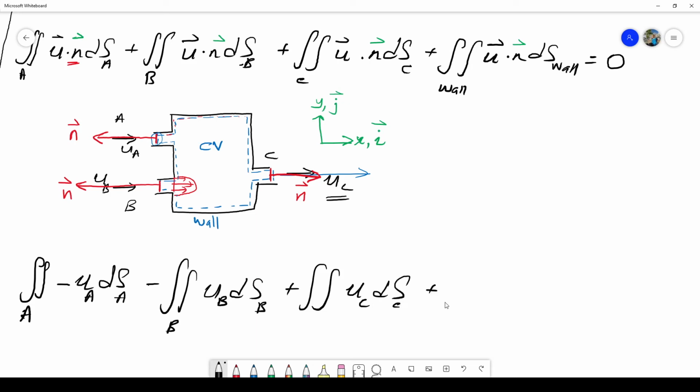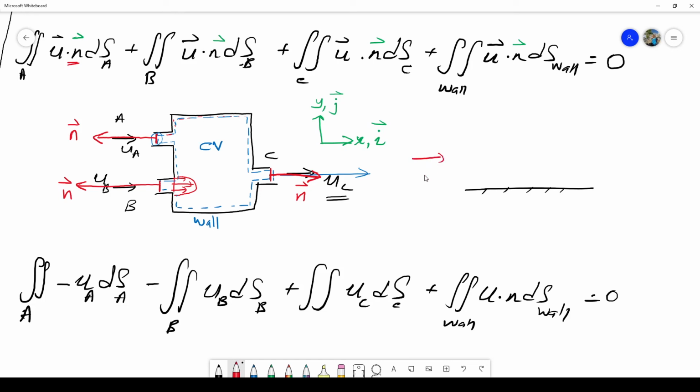And then plus the u dot n ds on the wall. For the velocity exactly on the wall surface, not above the wall, the no slip condition applies, so there is a viscous effect.